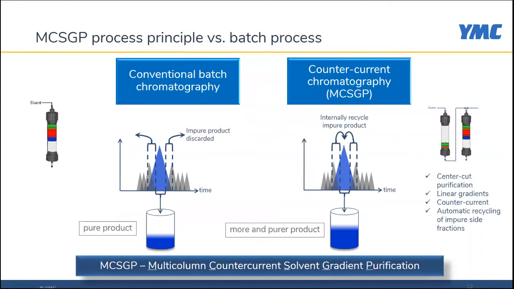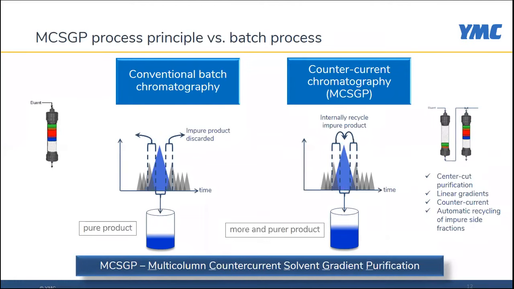Again, you see on the left side our traditional batch HPLC process, where we usually discard the front and the back side fractions, which are more polluted with process or product related impurities, and we only collect the main peak with the high purity.